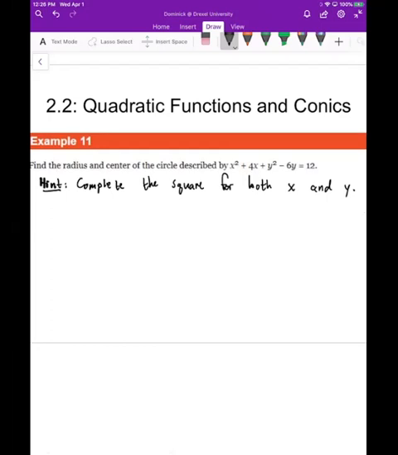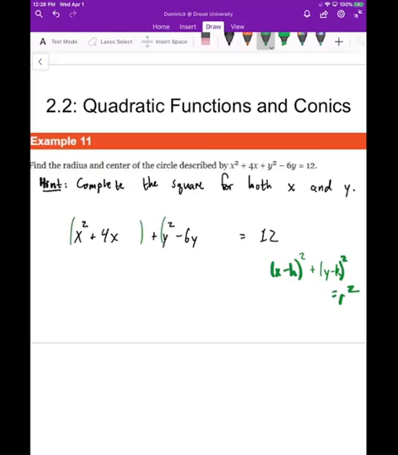So if we look at what we have here, we have x squared plus 4x, I'm going to leave myself a little bit of room, plus y squared minus 6y, leave myself some room, is equal to 12. Now, the idea is that we want to be able to write this as (x minus something) squared plus (y minus something) squared equals something squared. Now, I don't have something squared for my x or for my y, but we talked about how we can make that happen, right?